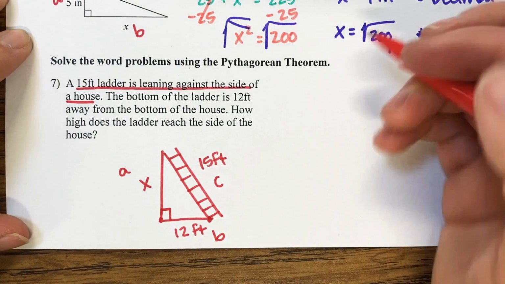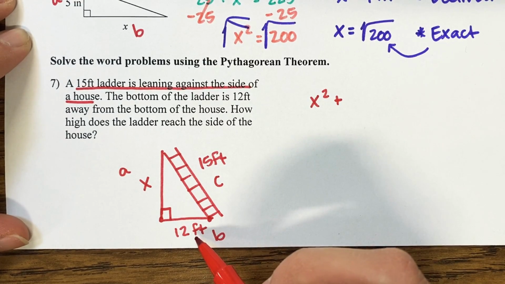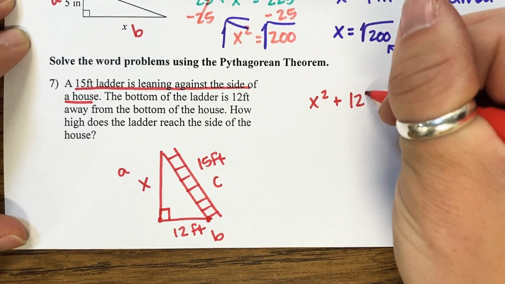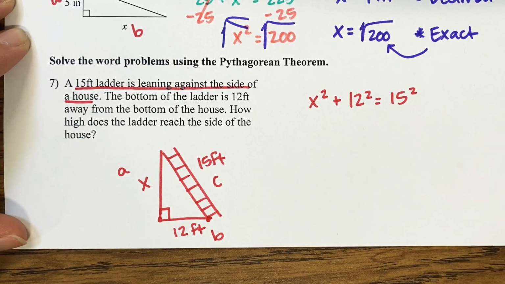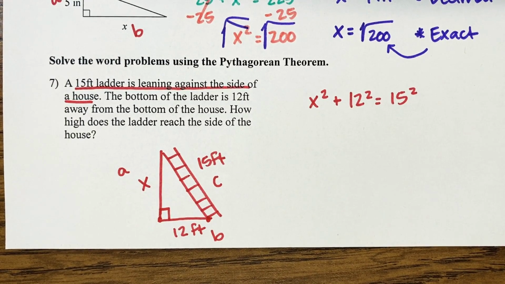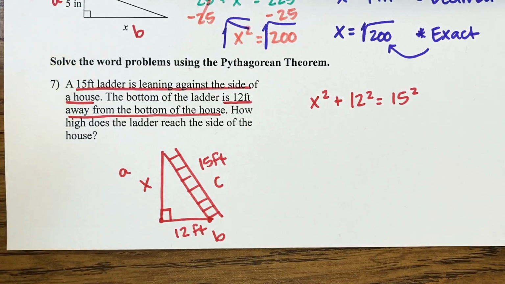So I have A squared, my A is X, so X squared, plus B squared, my B is 12, so 12 squared, equals C squared, my C is 15, so 15 squared. Okay, so now we're not even really dealing with the word problem. Oops, sorry, I didn't even underline 12 feet away from the bottom of the house. Okay. All right, so let's go ahead and solve.